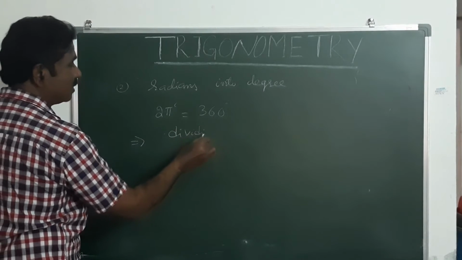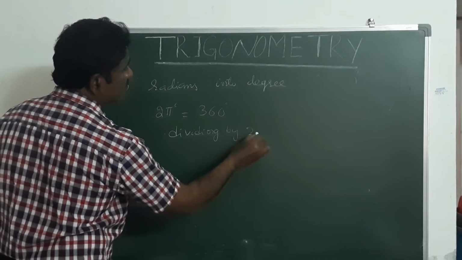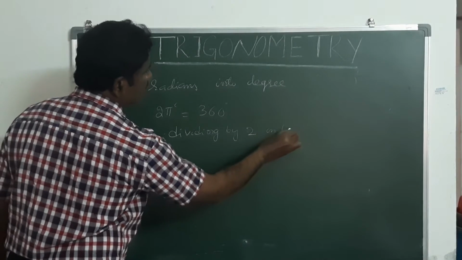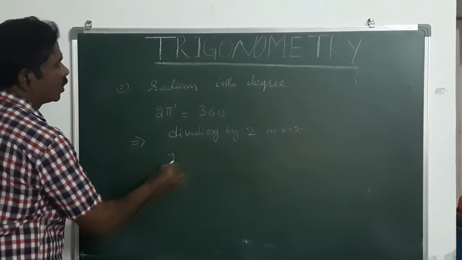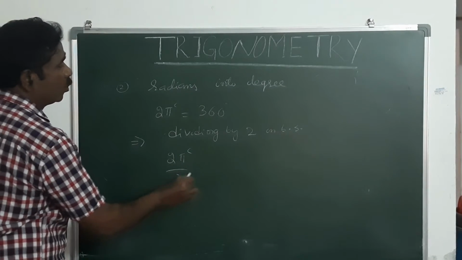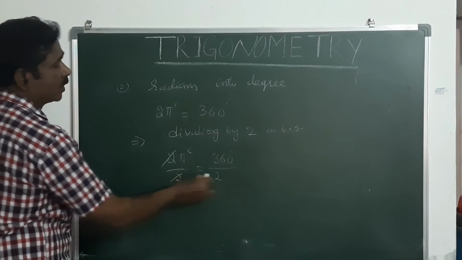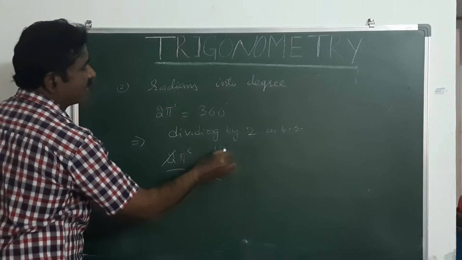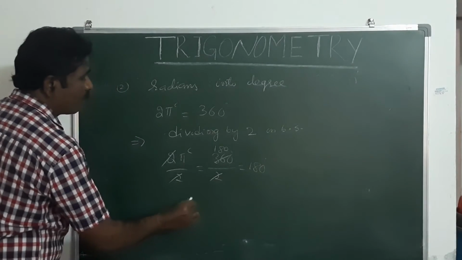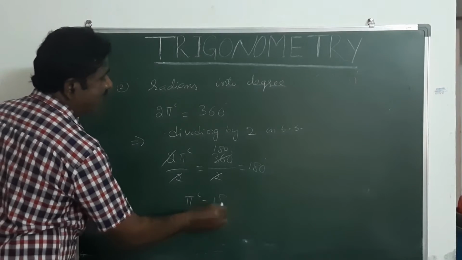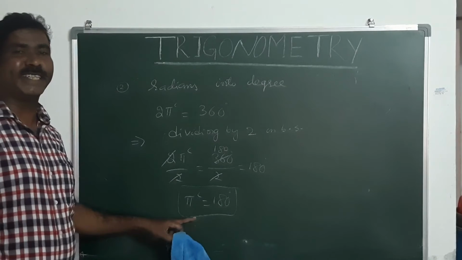Dividing by 2 on both sides: 2 pi by 2, pi radians, equals 360 degrees by 2, which is 180 degrees. So pi radians equals 180 degrees.